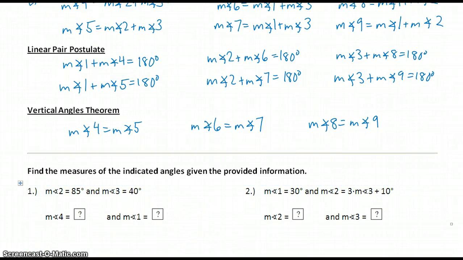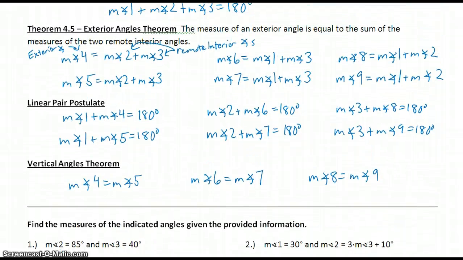Let's use that triangle to figure out some algebra problems. The measure of angle 2 is 85 degrees, and the measure of angle 3 is 40 degrees. And we want to find the measure of angle 4. Well, in order to do that, I want to find a relationship that relates angle 2 and angle 3 and angle 4.